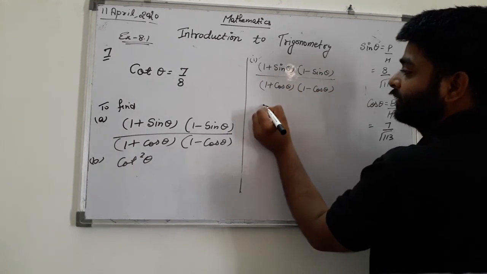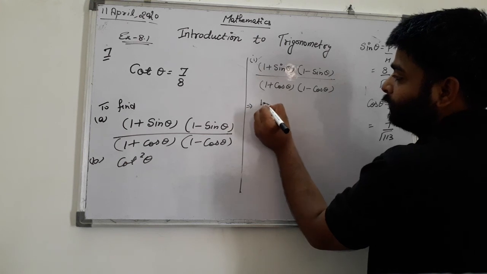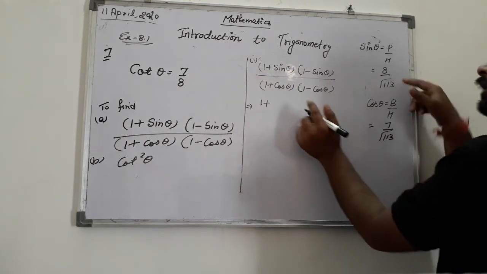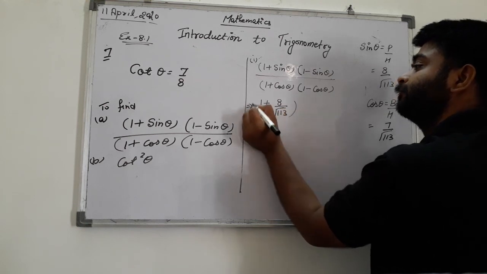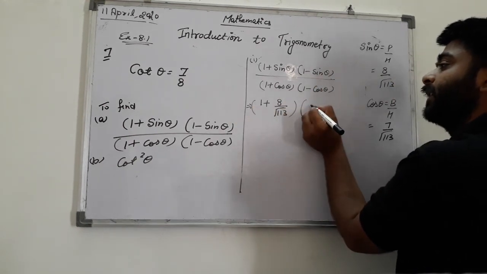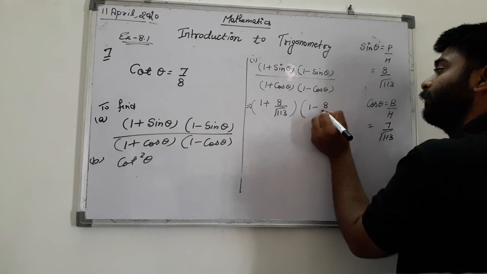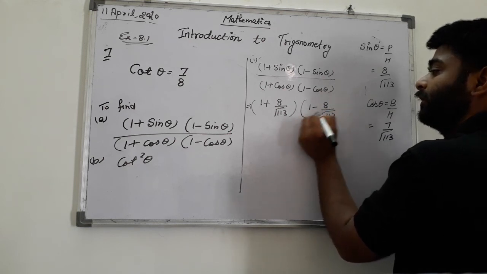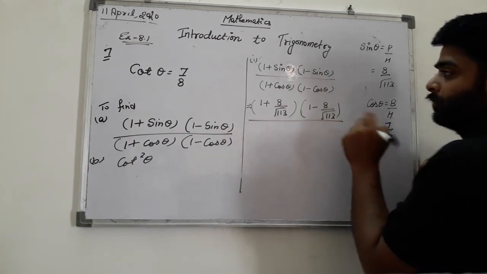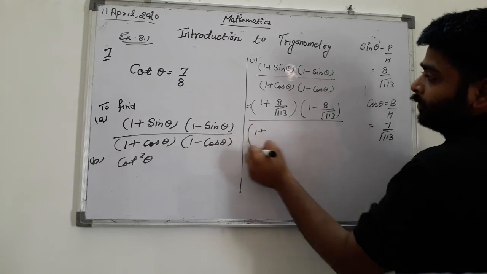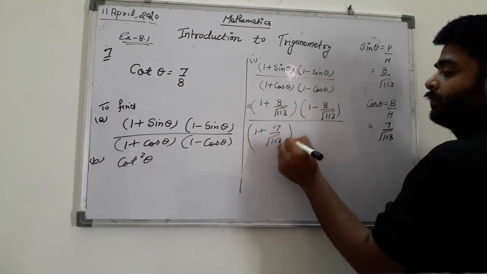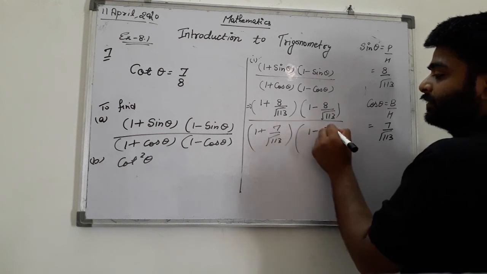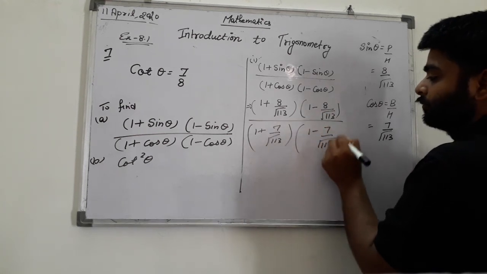So I put the values: 1 plus 8 upon root 113, and 1 minus 8 upon root 113, upon 1 plus 7 upon root 113 and 1 minus 7 upon root 113.